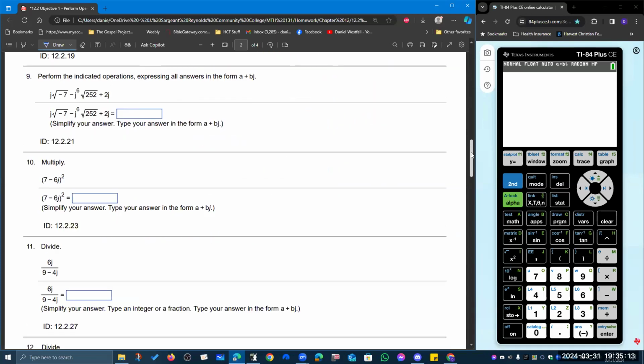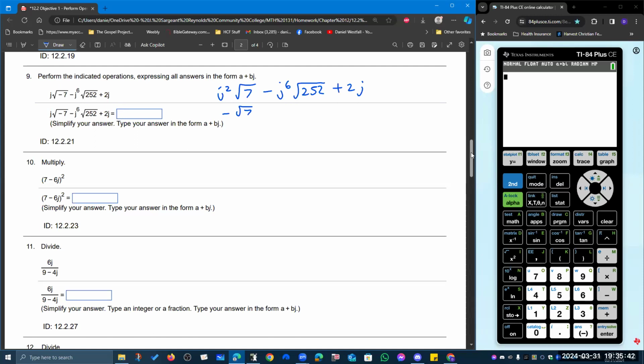Now we're going to simplify a little bit before we get going here. So when I take the square root of negative 1 from inside that root negative 7, I get another j. So this is going to be j squared times root 7 minus j to the 6, root 252 plus 2j. So this is going to be negative root 7.